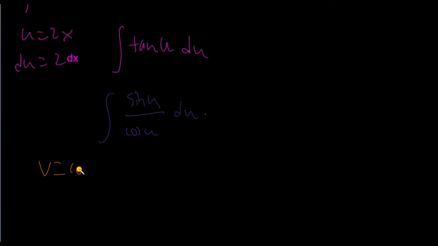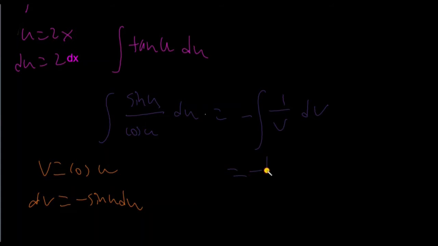We'll say v is cosine u, dv is equal to negative sine u du, and then it's going to cause this to be negative the integral of 1 over v dv, which is negative natural log of absolute value of v.